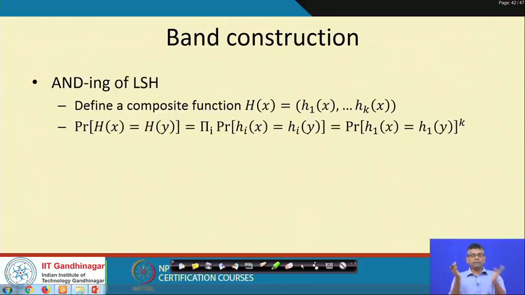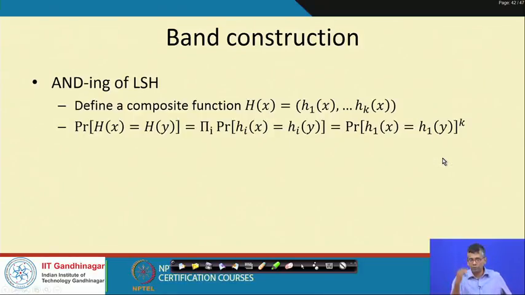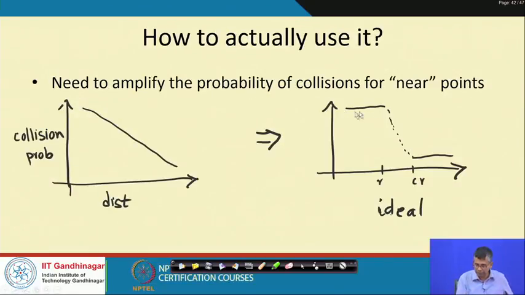Even if 2 points are close, that probability is falling down. So, now I want to raise that, because we might have achieved this part, since we have pulled all the probabilities down, but now I also want to achieve this part, the fact that if the distance is small, the probability of collision is very high.